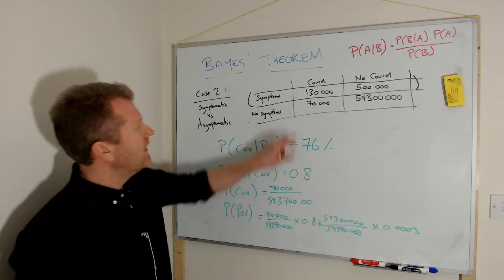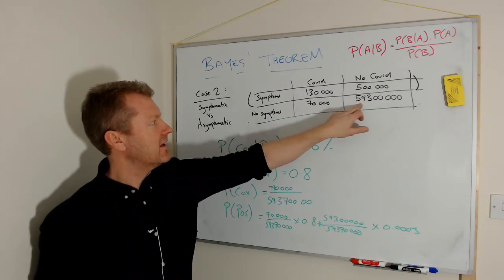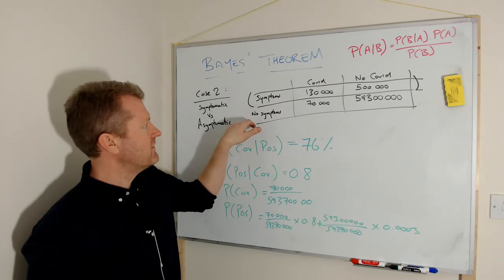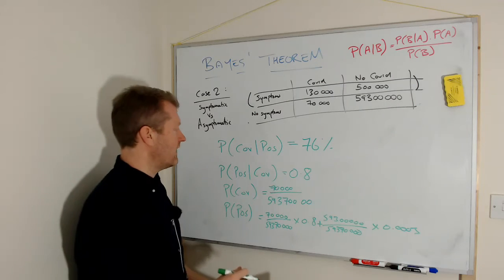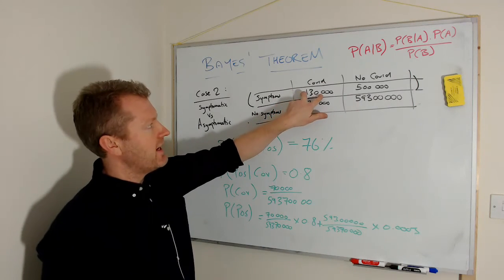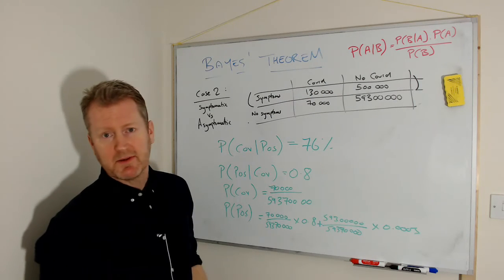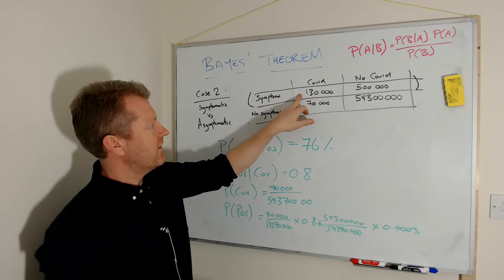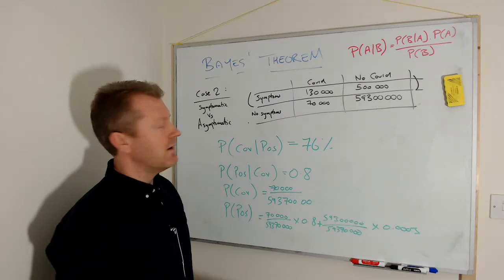That's because proportionally there are fewer positive cases without symptoms compared to overall positive cases. If we do the same calculation using this population, now you can see there's a big proportion of this. There's only 630,000 people in this population, and like 20% of them have COVID.